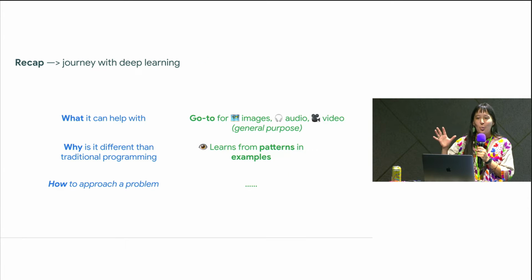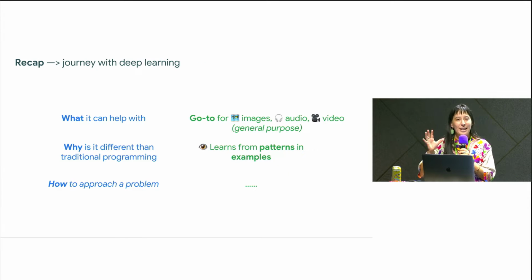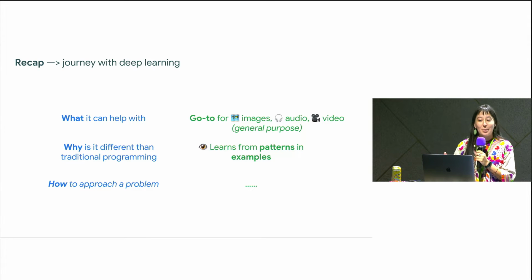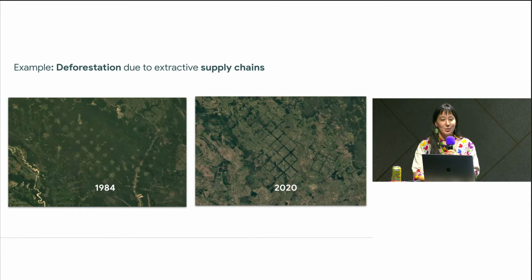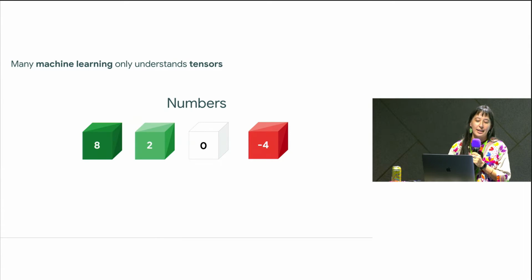So now that I've covered what deep learning can help with and why it's more advantageous than traditional programming methods, I'd like to move on to how to approach a problem using it. Let's say we would like to measure deforestation using deep learning.